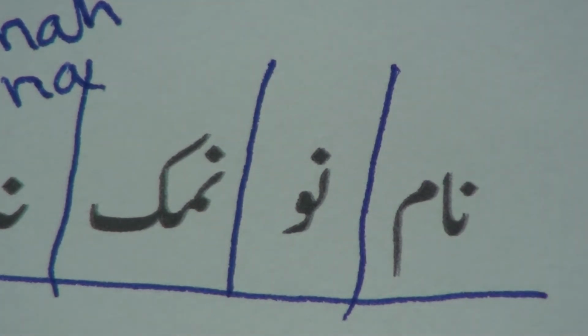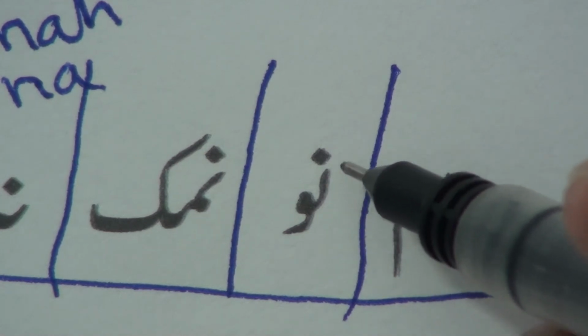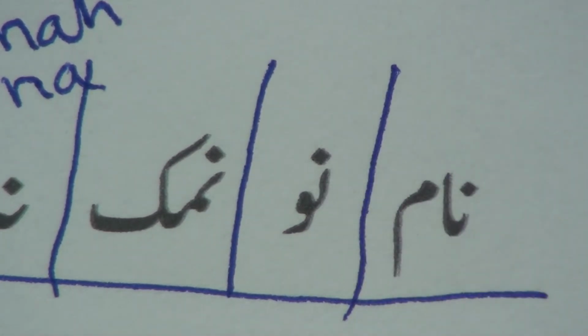But when noon is at the beginning of a word and it is followed by vav, its shape becomes this. This is noon and this is vav. Noon, vav, now. Now means nine and now means new.